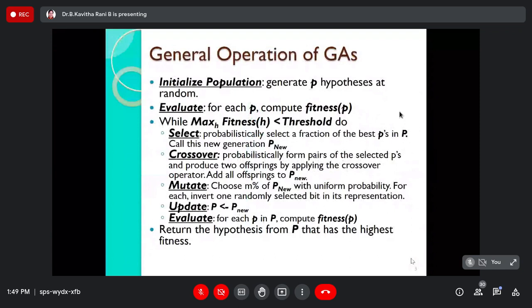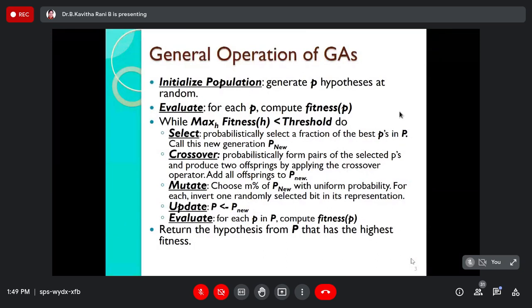So next is general operations of genetic algorithms. Initialize the population, that is nothing but generate P hypotheses at random. So we have to generate different types of outputs, hypotheses. Evaluate: for each P, compute fitness.